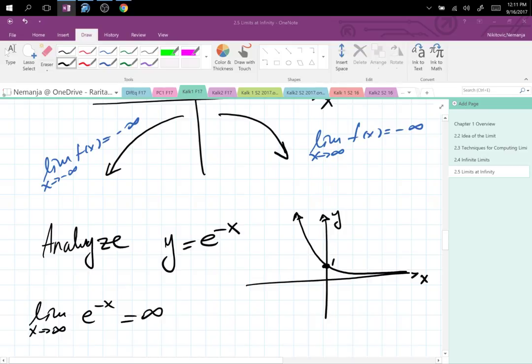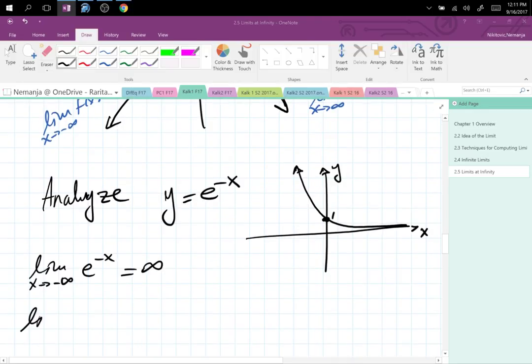End behavior is that as x goes forever to the left, y will forever rise, which is the reason why I said negative infinity. There we go, much better. So as x goes to negative infinity, we see that the function e to the negative x goes to infinity.